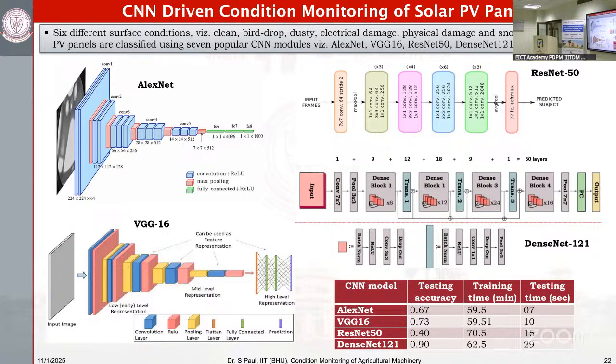It is given as a per-unit accuracy, so you just multiply by 100 and you will get the actual accuracy. AlexNet has 5 layers, so that's why its accuracy is very low. It's only 67% accurate. Then VGG16, a 16 layer CNN, got almost 73%, and so on.